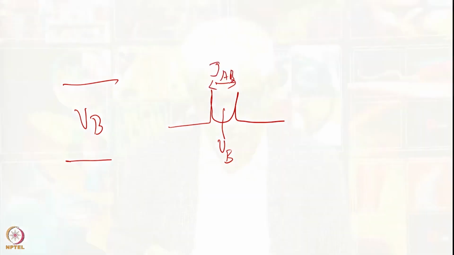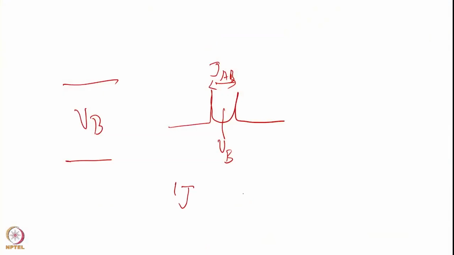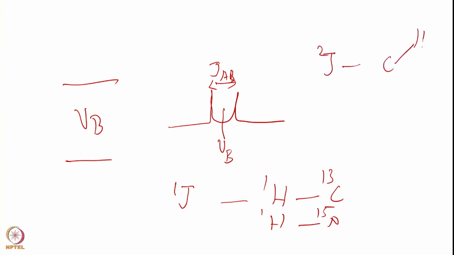I showed you for the 3 bonds you can have coupling from one bond, that is let us say proton to C13, or you can have proton to nitrogen 15. You can also have 2 bond couplings, that is like CH here. So, that is a coupling between these two, this is a 2 bond coupling.